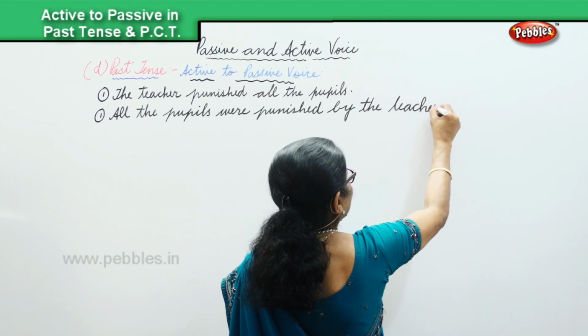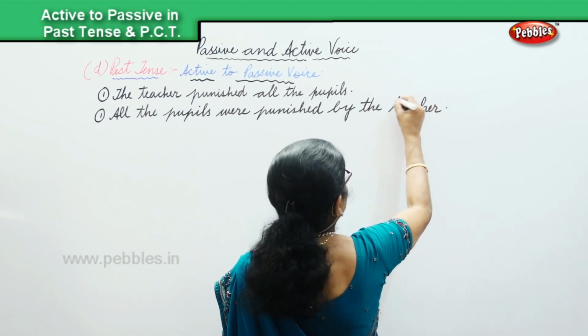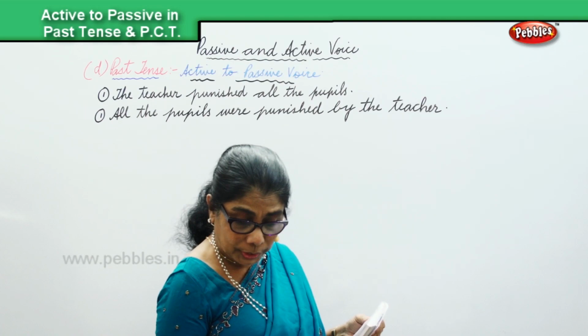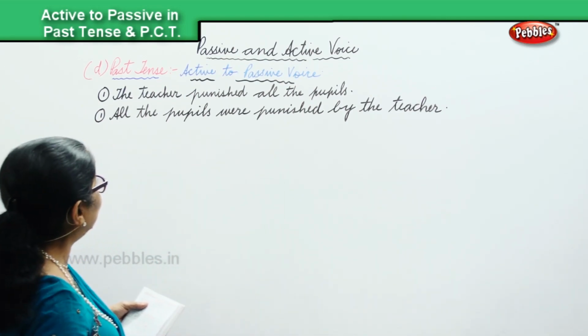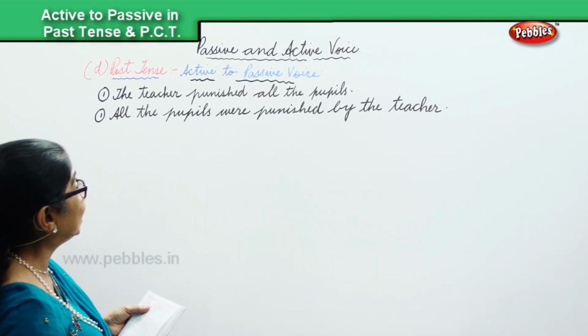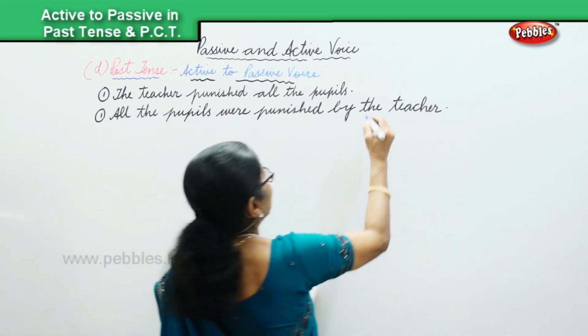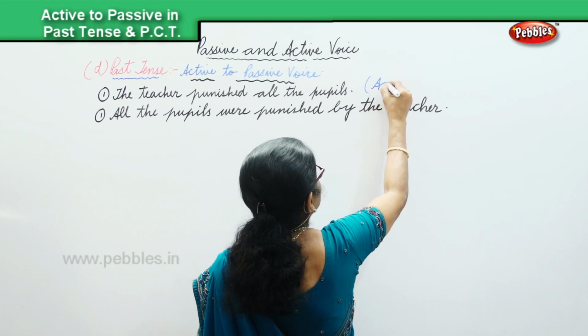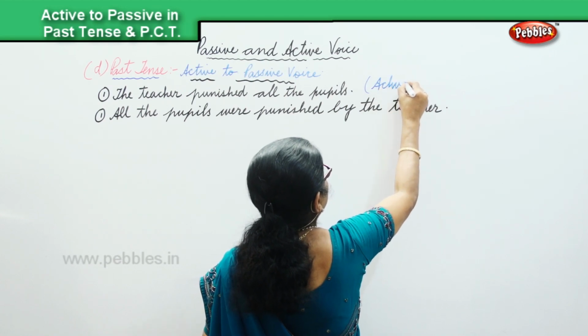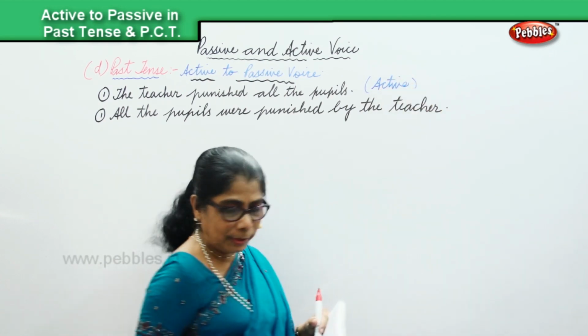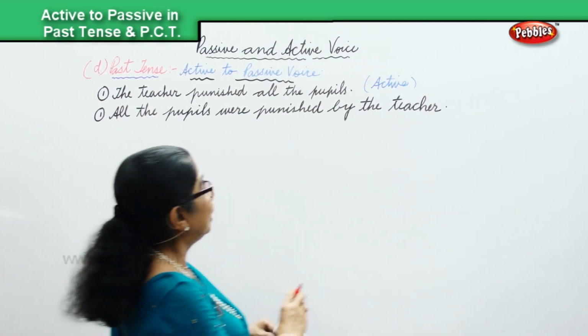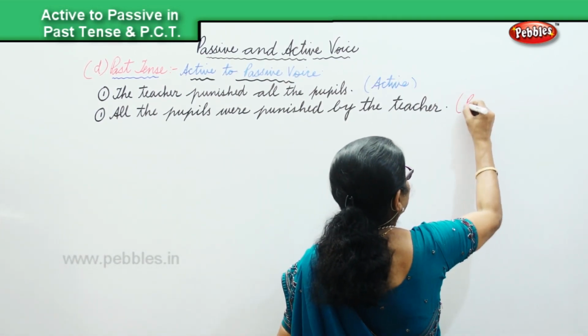We are looking at the past tense. All the students, all the pupils were punished by the teacher. The first is active, and then we are changing into passive. This is active voice, and we have changed to the passive in the next sentence.